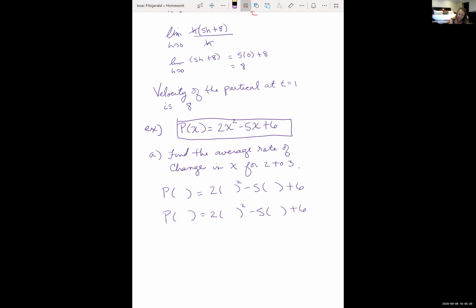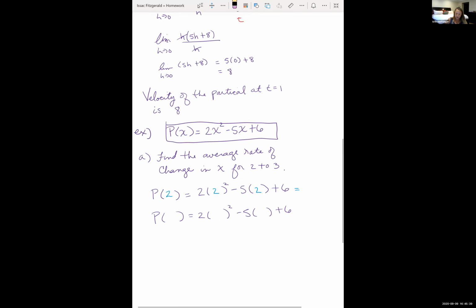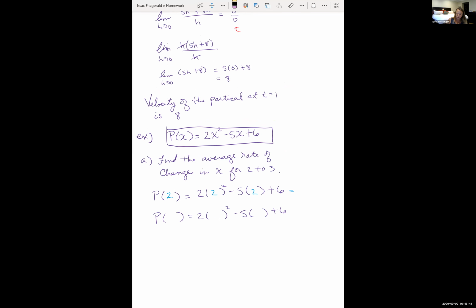When x is 2, we get 2 times 2 squared. Well, 2 squared is 4, so 2 times 4 is 8. Minus 5 times 2, so minus 10, plus 6. So 8 minus 10 is negative 2. Negative 2 plus 6 is 4.